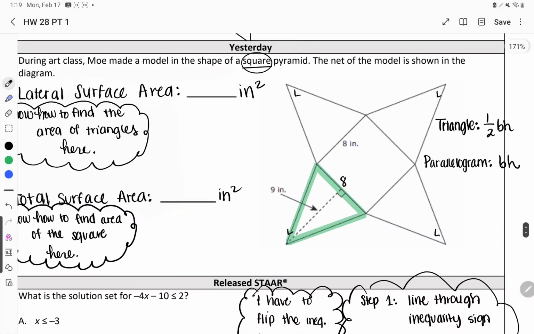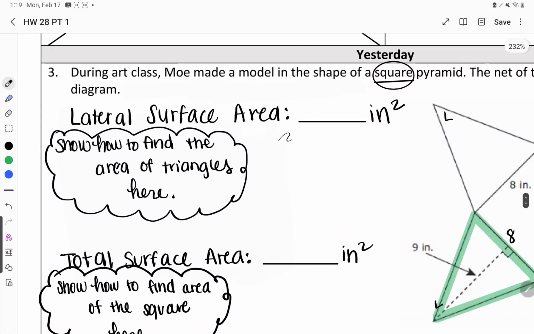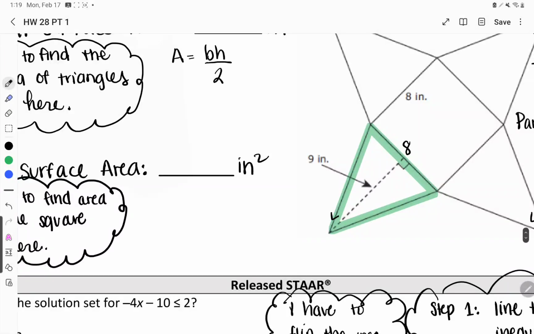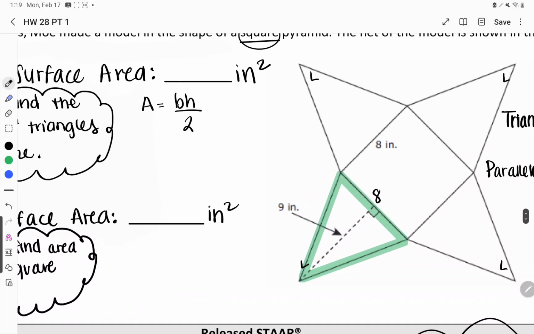So now I need to go through and I need to write my area formula for my triangle, which is base times height divided by 2. What would I put in for this formula? I would have 9 times 8 divided by 2. Then I know that 9 times 8 is 72.